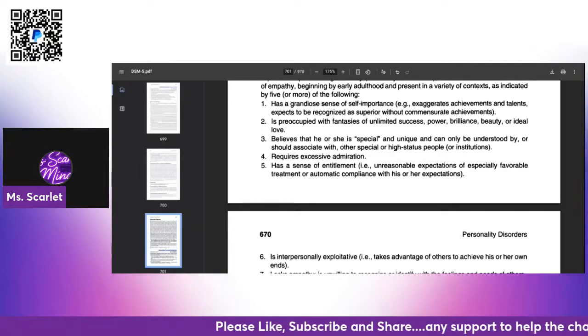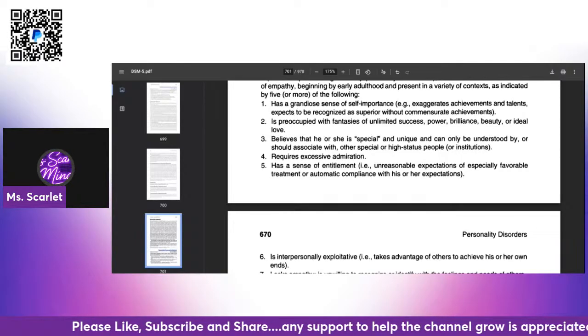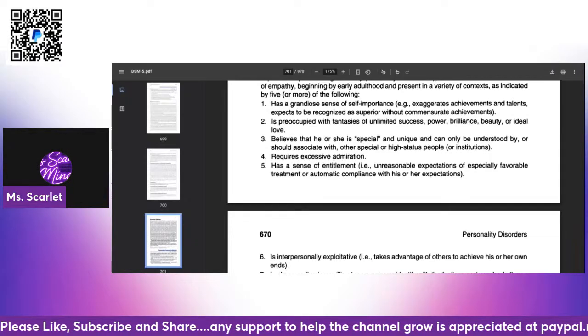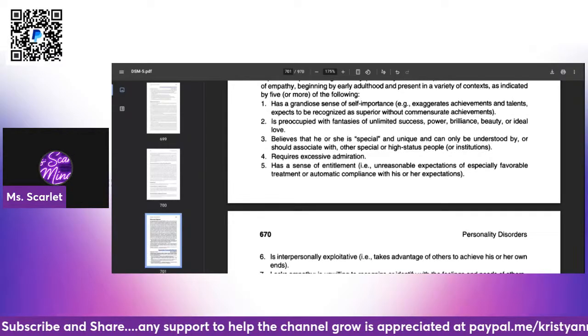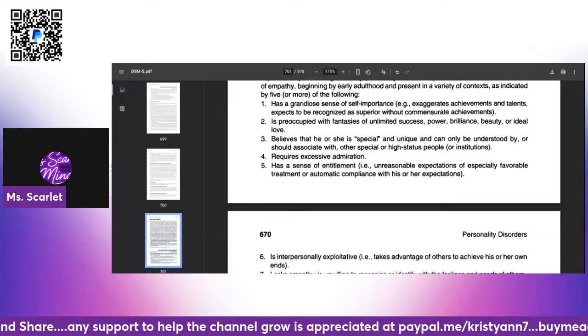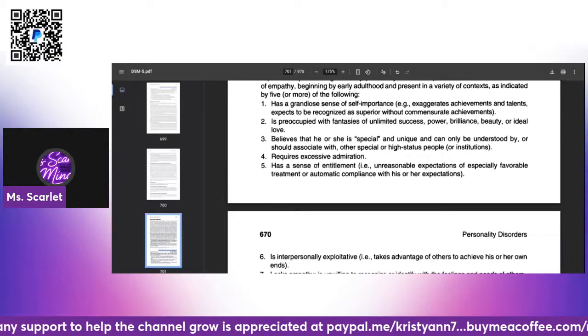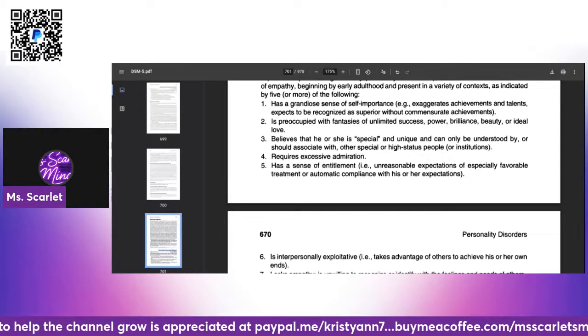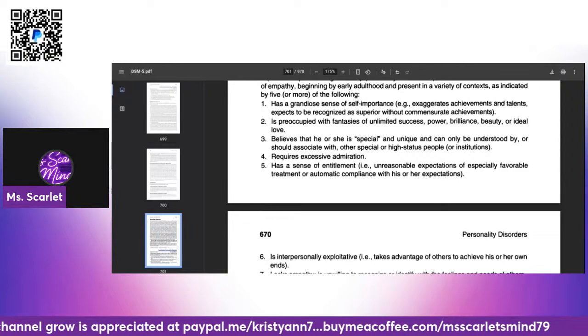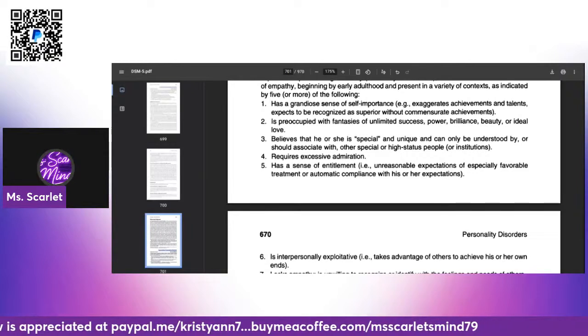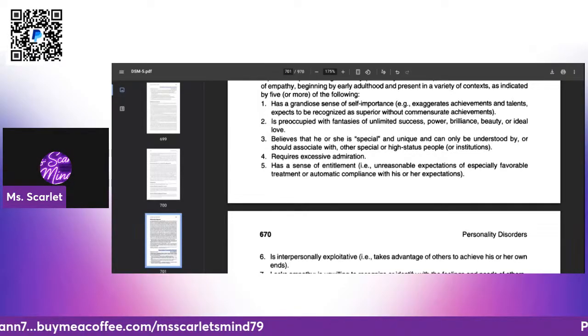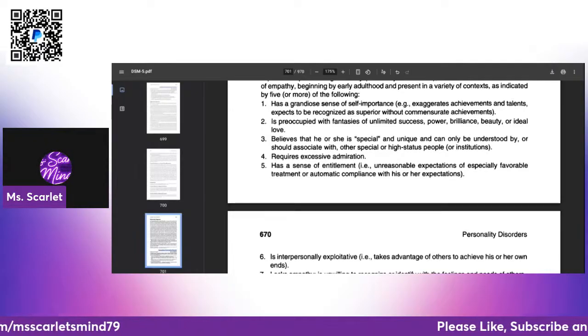achievements. Number 2, is preoccupied with fantasies of unlimited success, power, brilliance, beauty, or ideal love. Number 3, believes that he or she is special and unique and can only be understood by or should associate with other special or high status people or institutions. Requires excessive admiration.